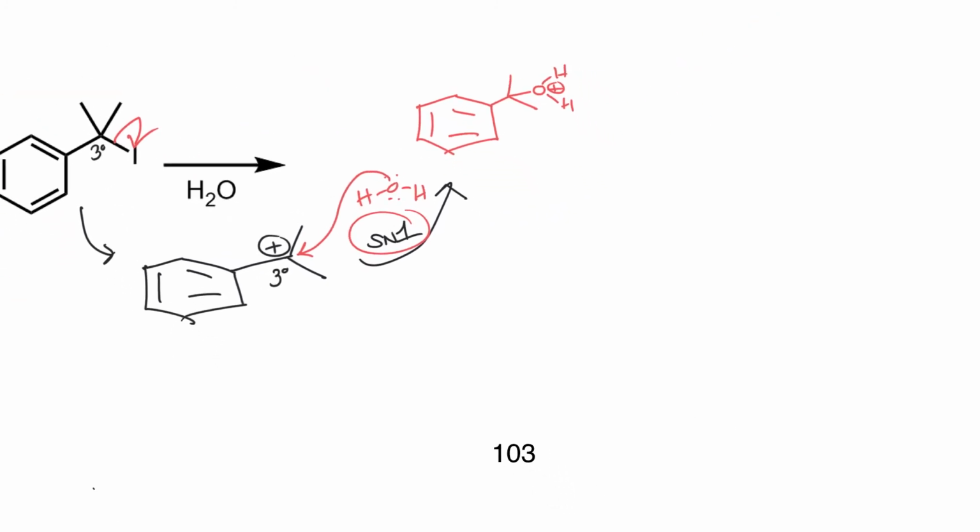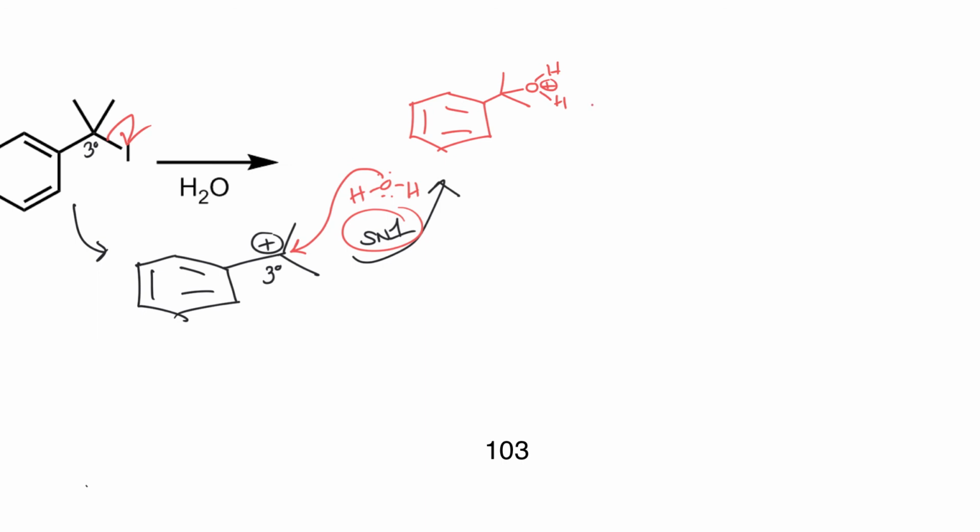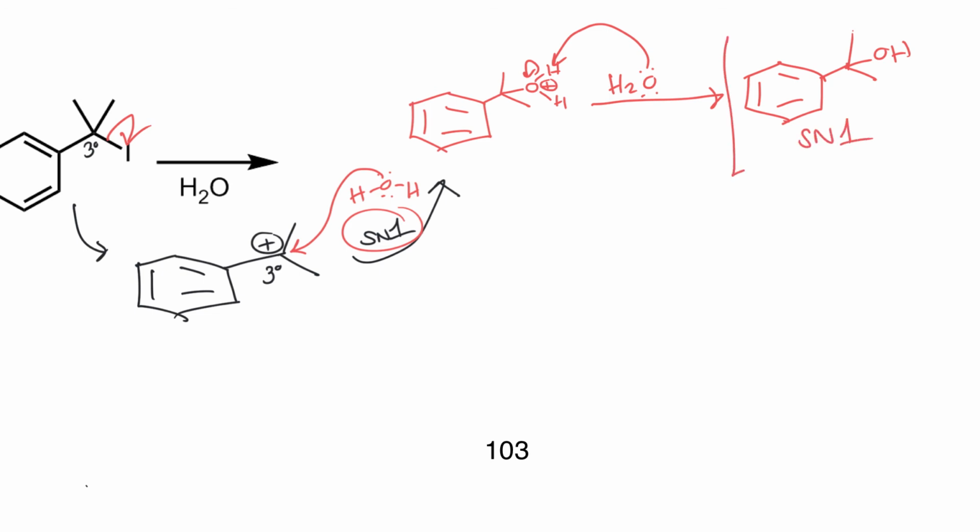It brought everything with it, but clearly we're not going to leave it like that. We need to neutralize. Who's going to do that job? We can take more water to do that. Never leave it like that. Always end with a neutral product. All right, that's what our SN1 product looks like. We have an alcohol where we used to have the alkyl halide. We replace the I with the OH.